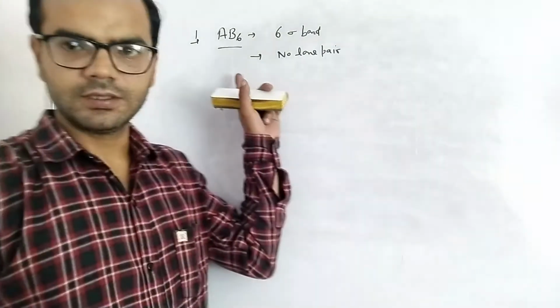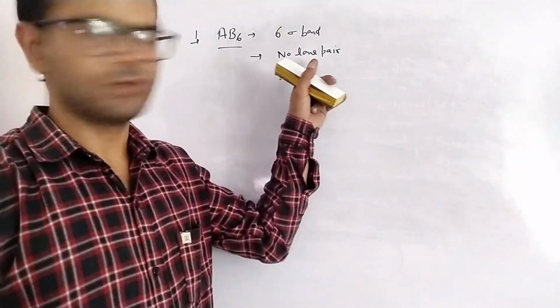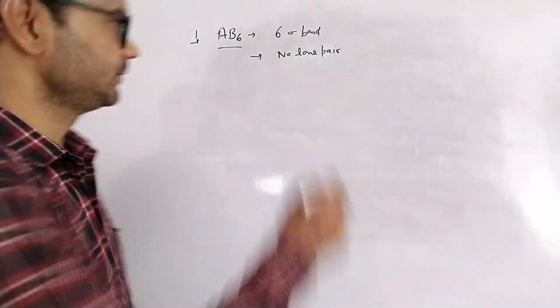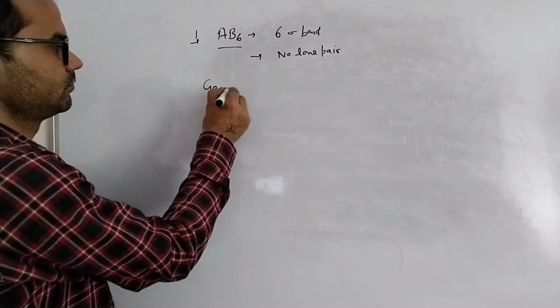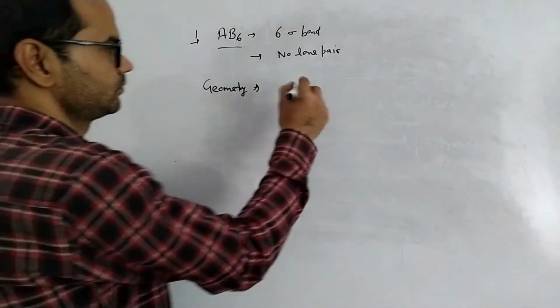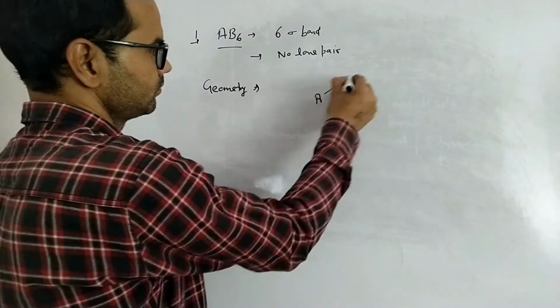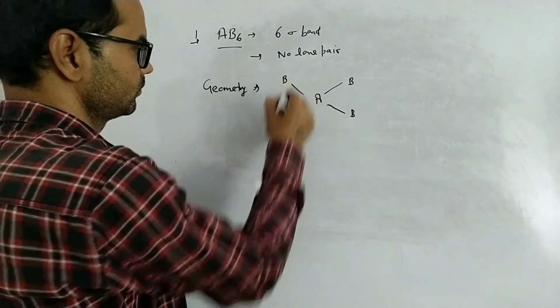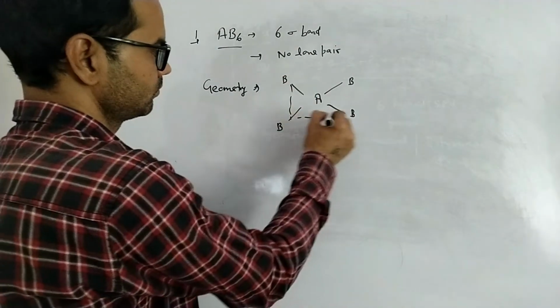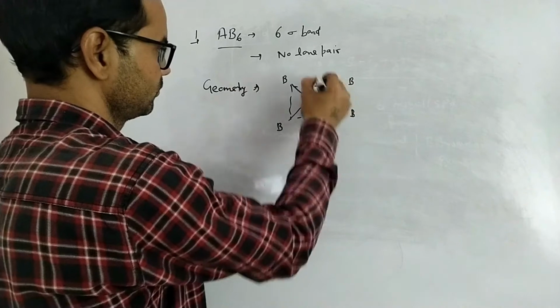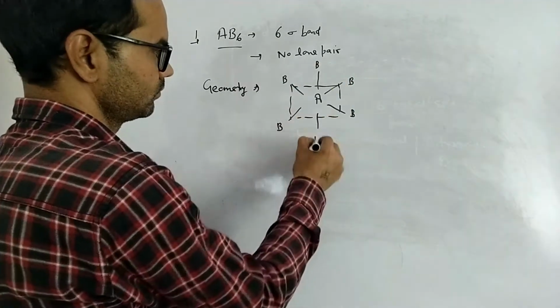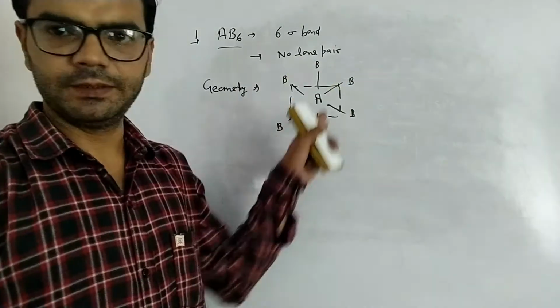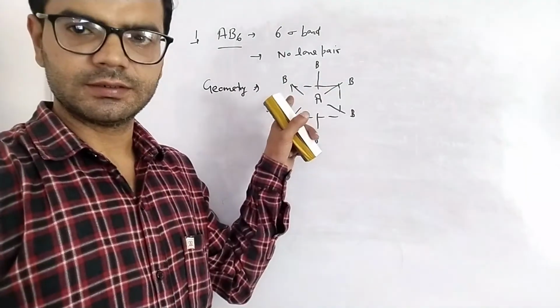First case is AB6, 6 sigma bonds are formed, no lone pair. Geometry is bipyramidal square planar.